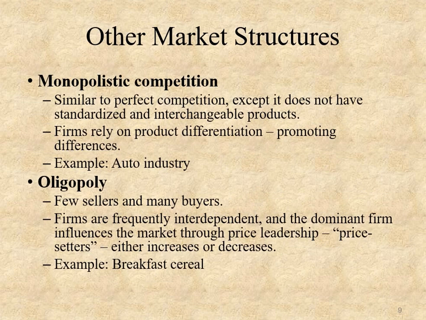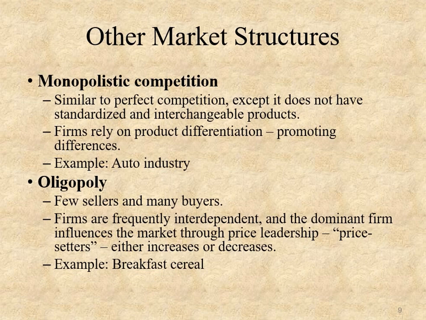Monopolistic competition is similar to perfect competition, except it does not have standardized and interchangeable products. Firms rely on product differentiation, promoting the differences. A good example of monopolistic competition is the auto industry. Now, an oligopoly is few sellers and many buyers.